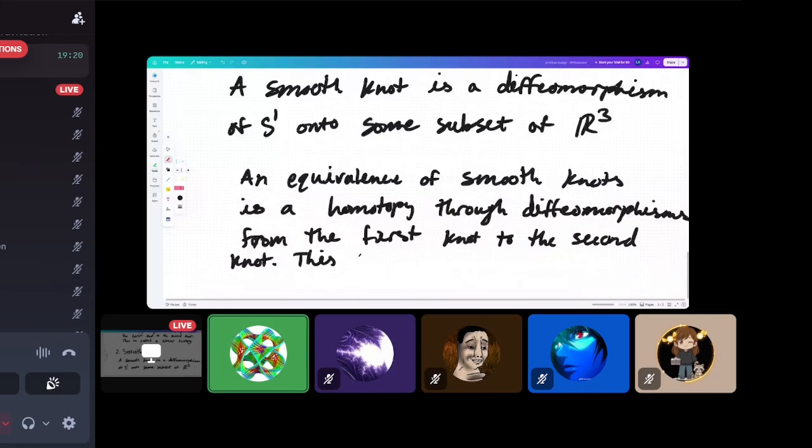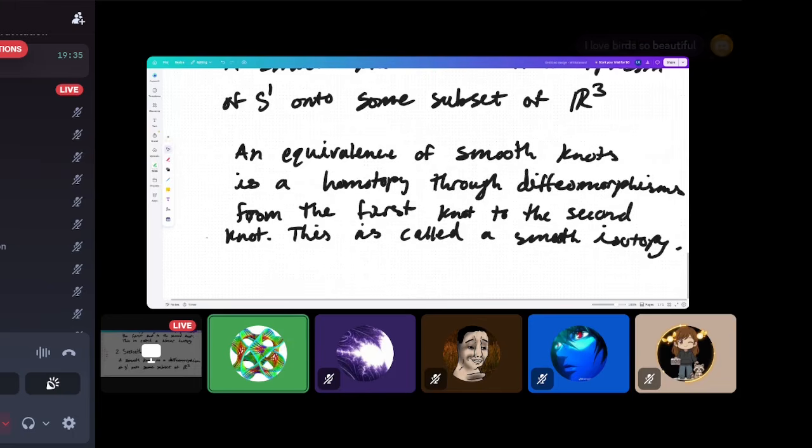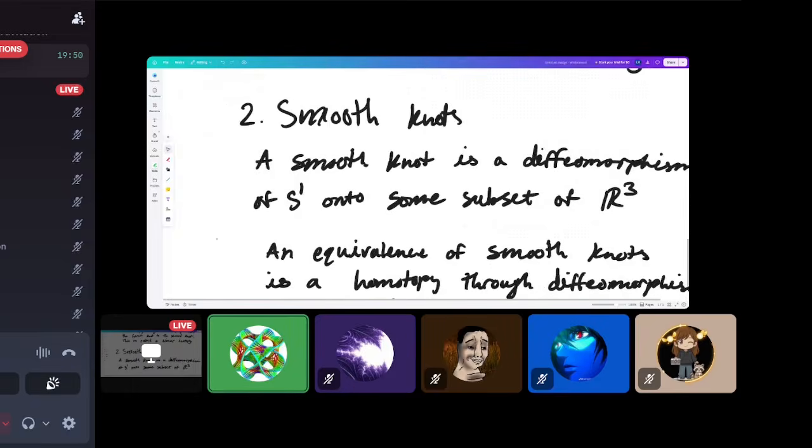This is called a smooth isotopy. In general, I'm just going to call them isotopies. It's going to generally be easy to see which type of knot I'm using because of the statements of the theorems. And so I'm just going to call a smooth isotopy or a linear isotopy just an isotopy.